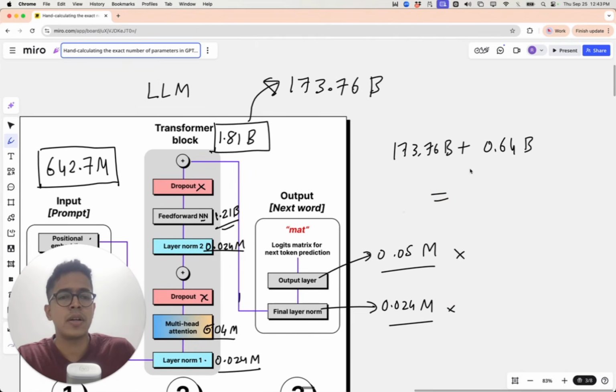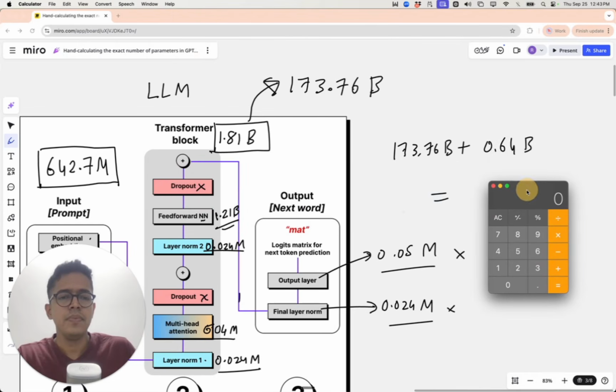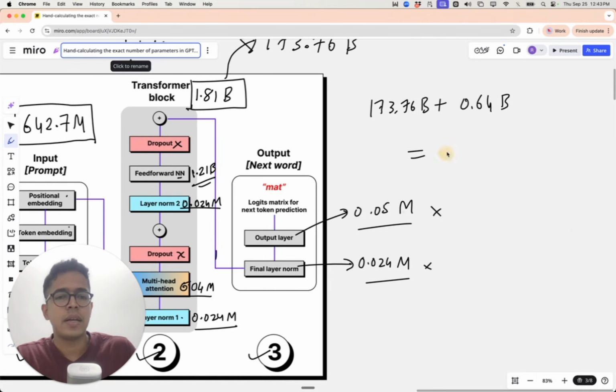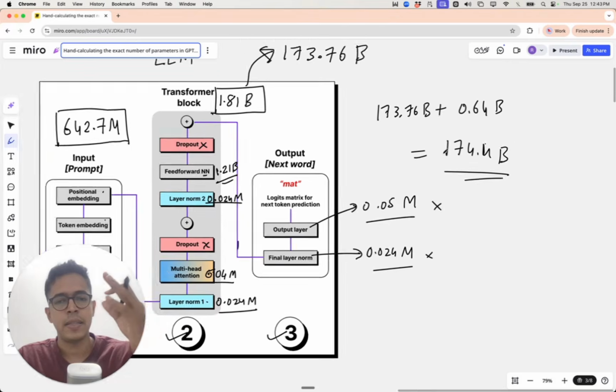So this will be what? 173.76 plus 0.64 equals 174.4, which is approximated and said to be 175 billion parameters. So this is how you get the 175 billion parameters in GPT-3.